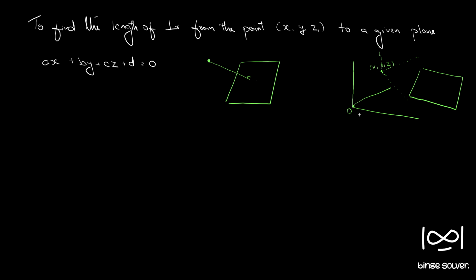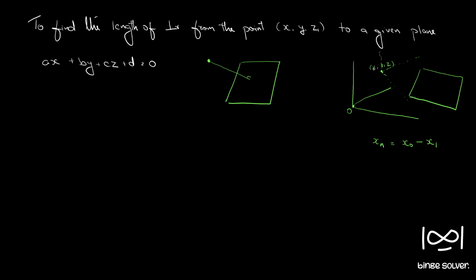When shifting the origin, the new x, I will mark it xn, becomes x original minus x1.